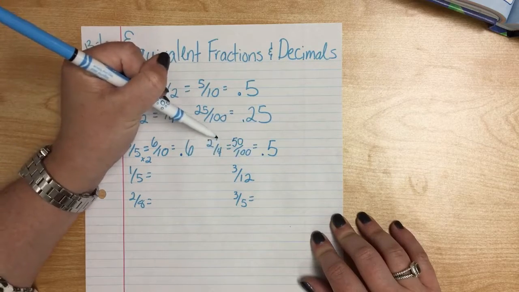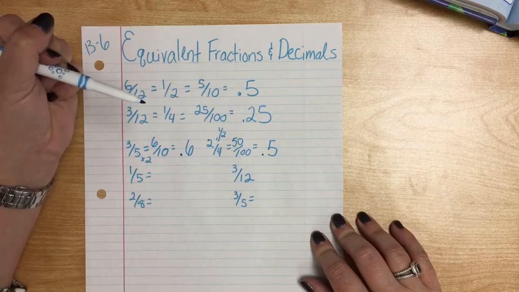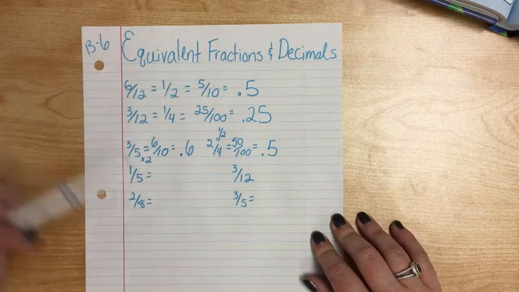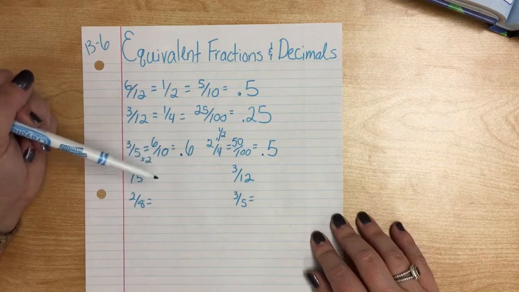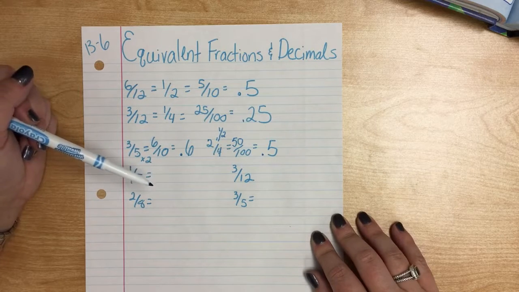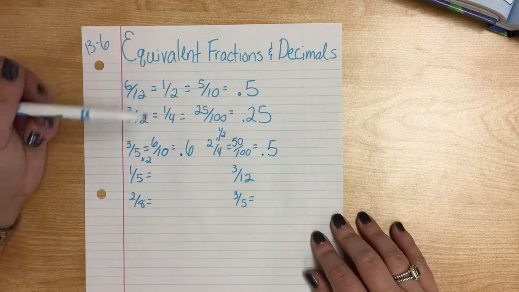Now, here's another tip. 2/4 could also be simplified to 1/2, right? No matter what your fraction is, if your fraction can be simplified to 1/2, what decimal represents 1/2? 0.5.